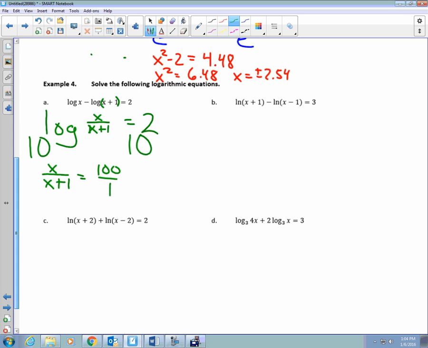Now what? So 100x plus 100 is equal to... or x, excuse me. Thank you. So I have 99x is equal to negative 100. x is negative 100 over 99.